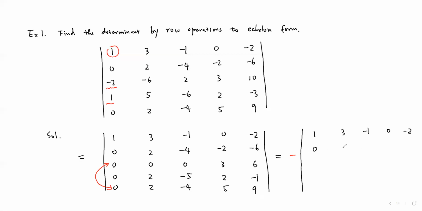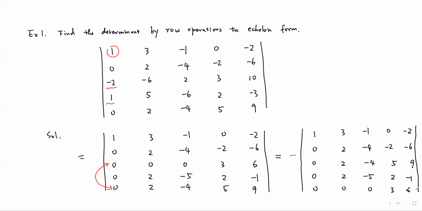Second row. The third row, I switch row 3 and row 5. And then the fourth row does not change. And then 0, 0, 0, 3, 6.